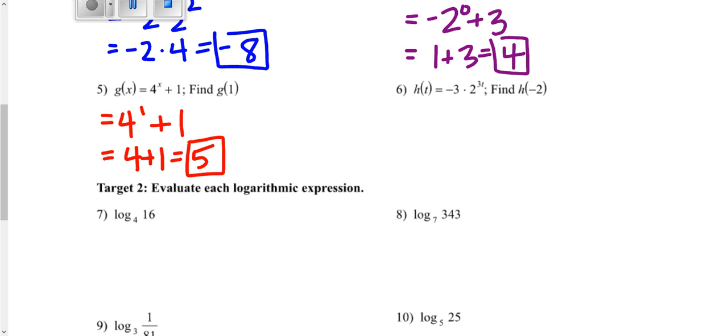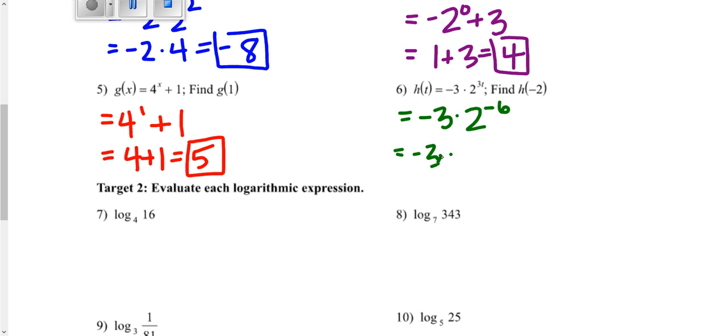And then on number 6, you have negative 3 times 2, and if I plug in a 2 for the t, that would be to the negative 6th power. So I have negative 3 times 2 to the 6th power. What is that?